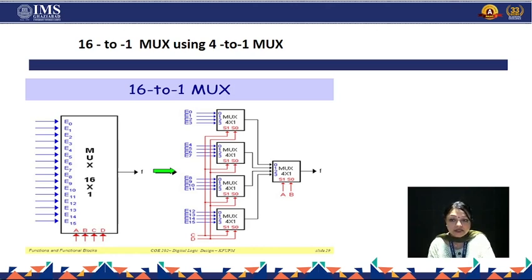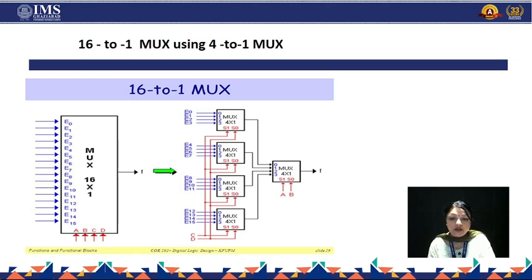For implementing the 16 into 1 mux using 4 into 1 muxes, we need 4 multiplexers of 4 into 1. Each mux takes 4 inputs and gives 1 output.